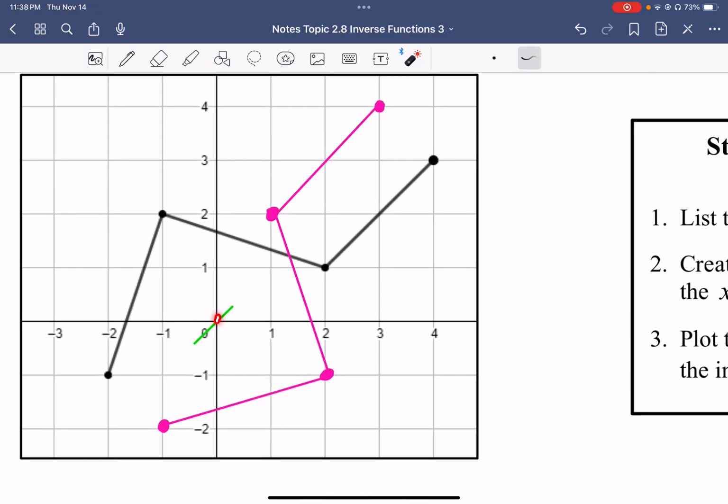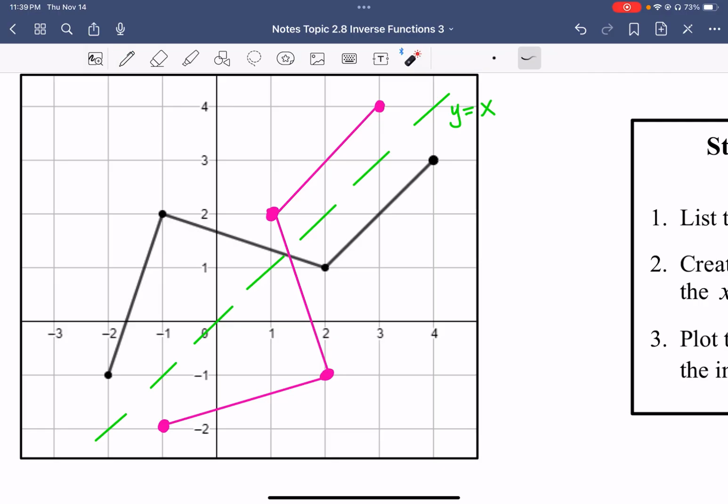You're going to be going from 0 up 1 over 1, up 1 over 1, up 1 over 1, etc. I'm drawing my line through the little squares of the grid to try to make it as straight as I can. And then I will be labeling this line y equals x.